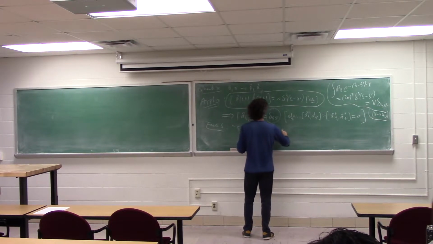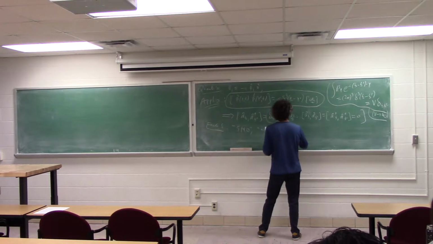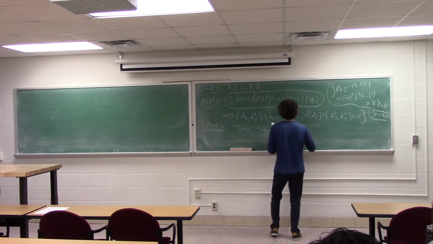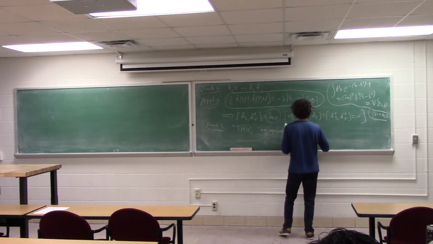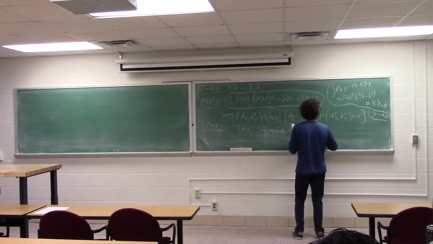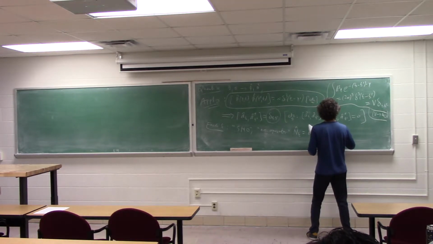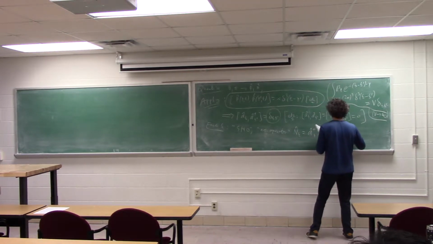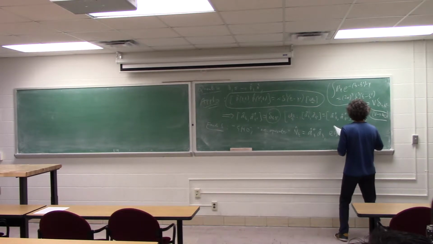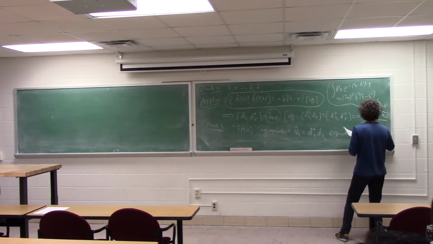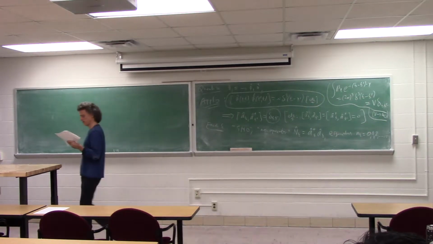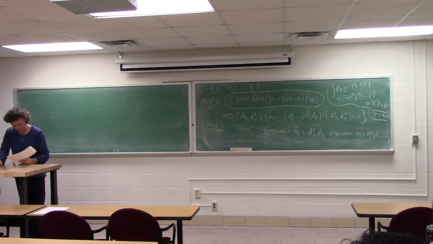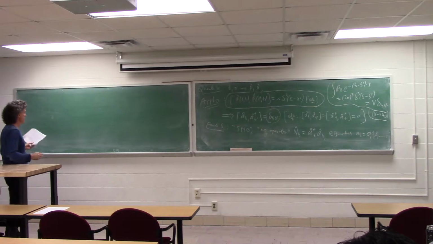The number operator n hat k, which is defined to be A hat dagger k A hat k, has eigenvalues nk equal to 0, 1, 2, and so on. We've got the number operator, which has the usual harmonic oscillator commutation relations and interpretation.